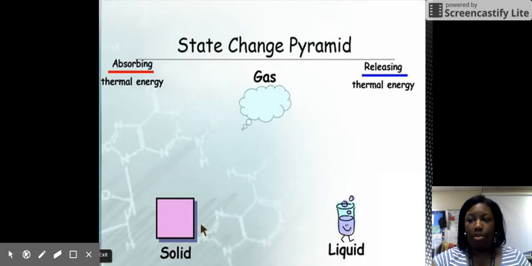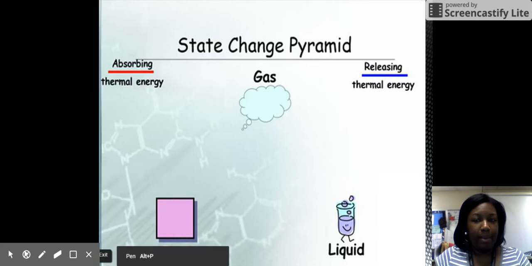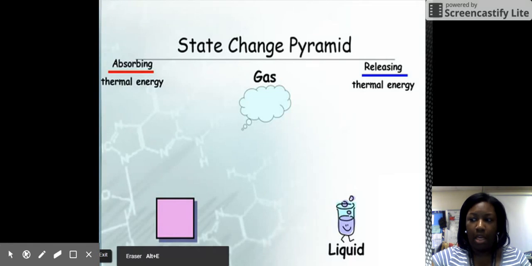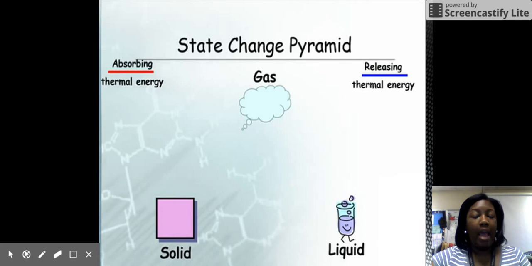So the change state pyramid. A pyramid can be made. I suggest that you draw it in your notes as we go through it. We have our solid, we have our liquid, we have our gas. We're going to be going through what happens when you go from one to the next, and then back and forth.